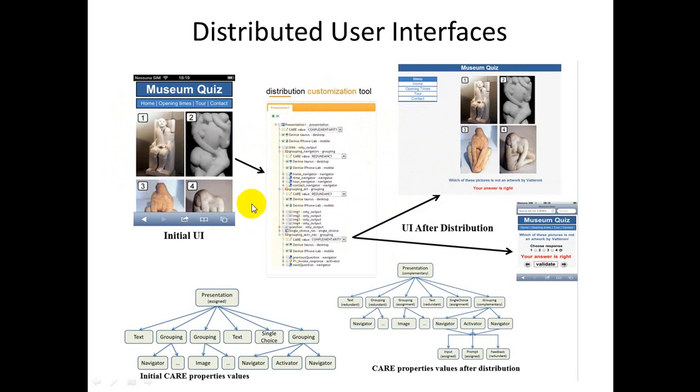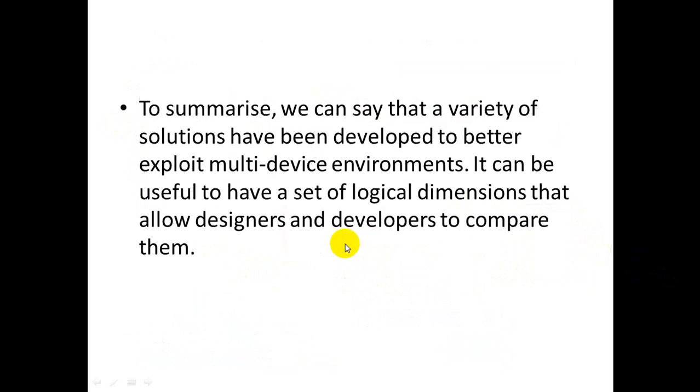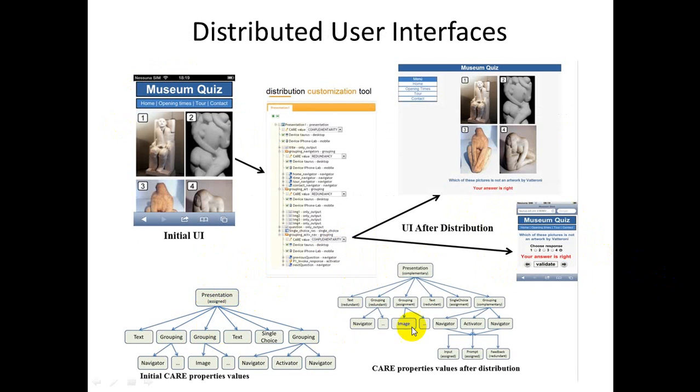For example, we have one presentation page, and we have some other distributed presentation pages. In a mobile and desktop device, two presentations in one. This is the architecture, how to distribute it.